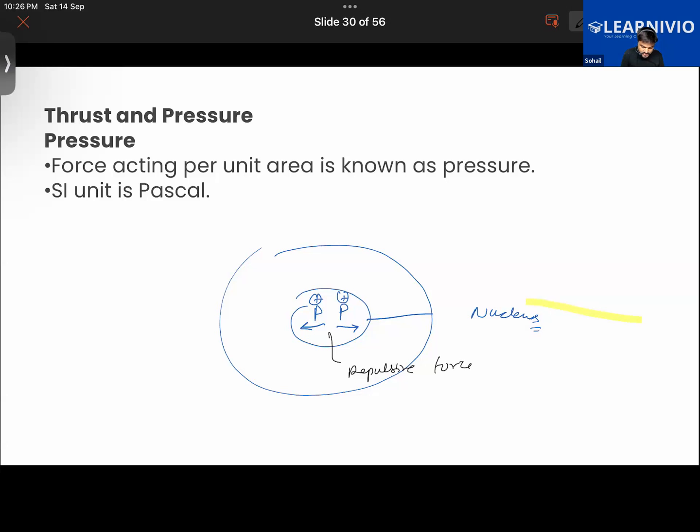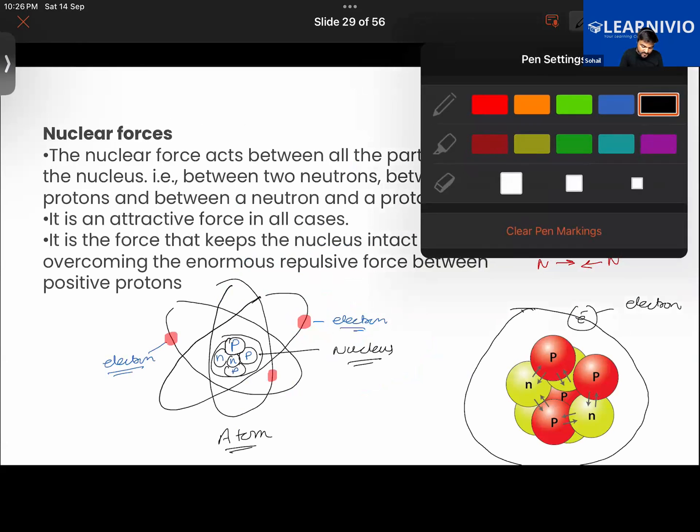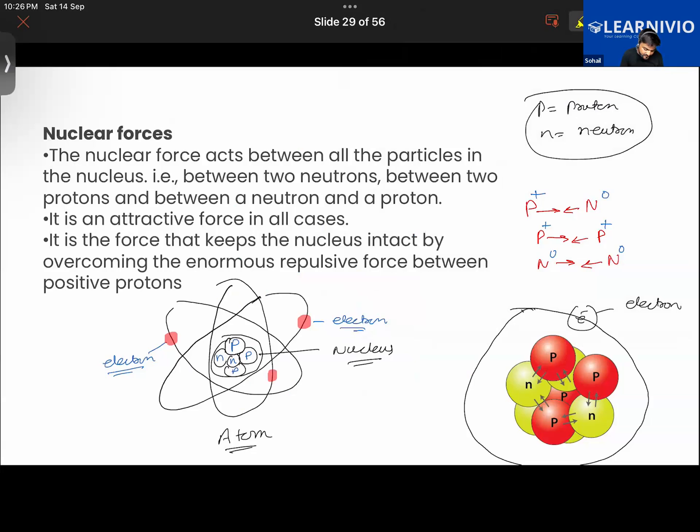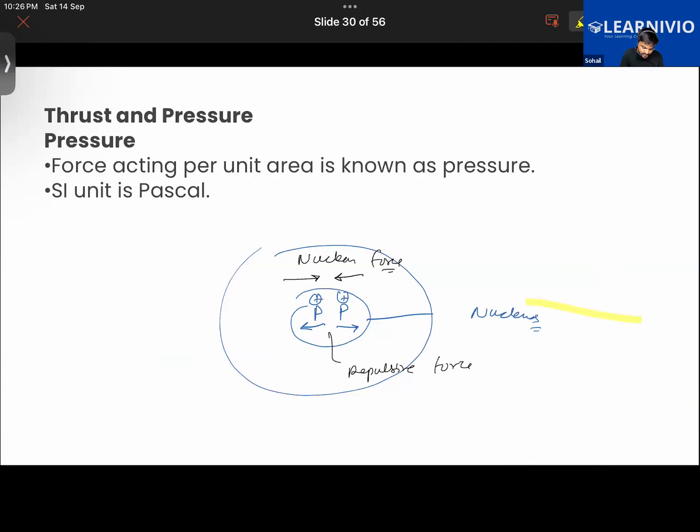But why is the atom not breaking? Because there's a force of attraction also that occurs between these protons, and that is called nuclear force. Is that clear to everyone? Yes. So the one line statement for this is that it is the force that keeps the nucleus intact by overcoming the enormous repulsive force between positive particles, that is protons.